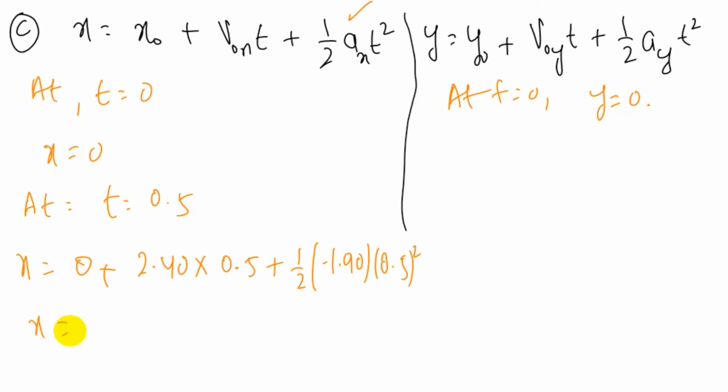On solving this, we'll get the value of x to be 0.9625. So this is the x value at time t equals 0.5.